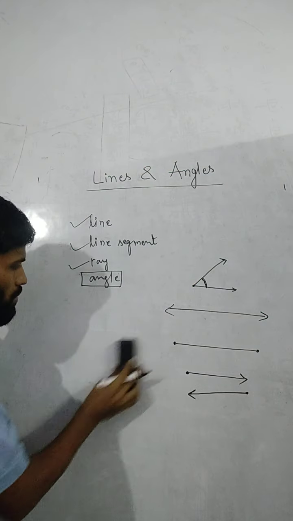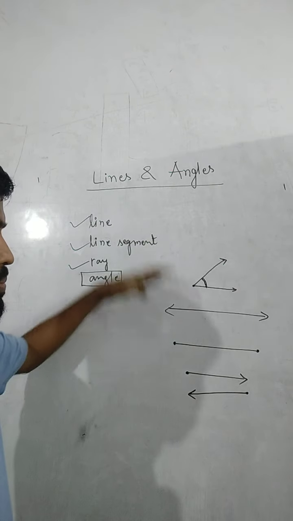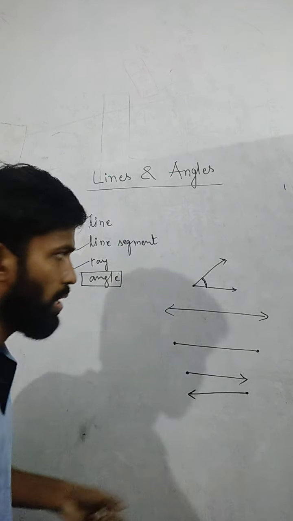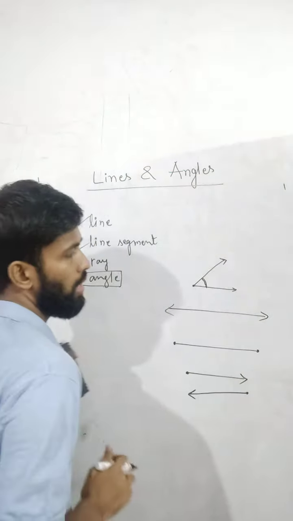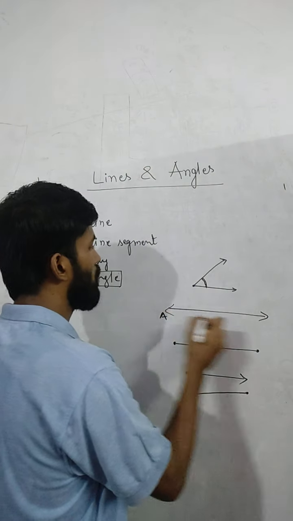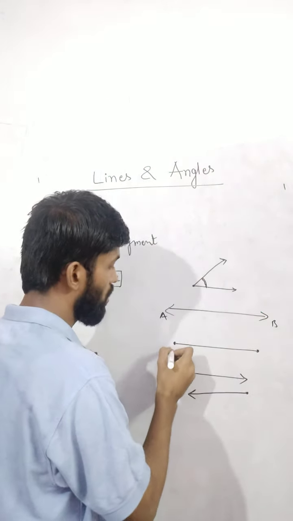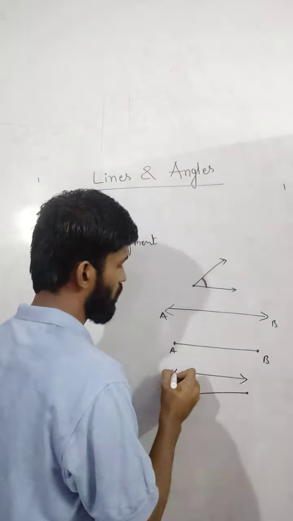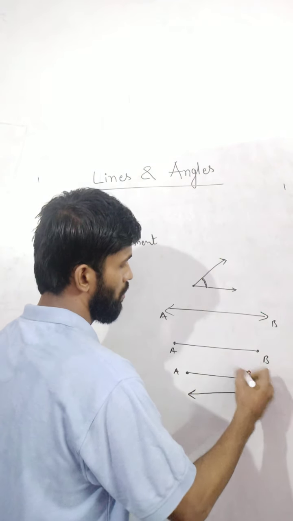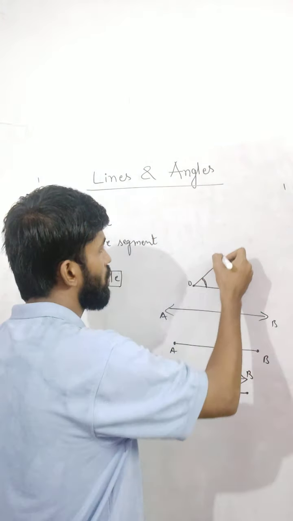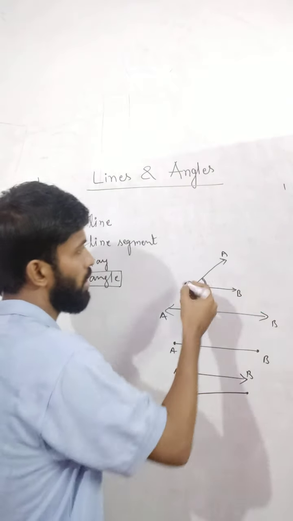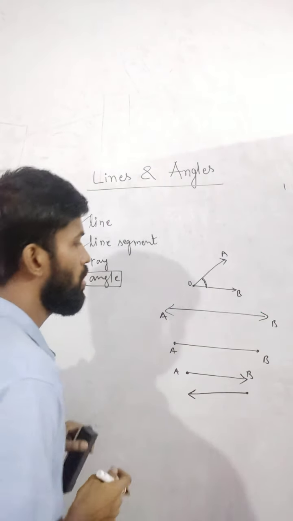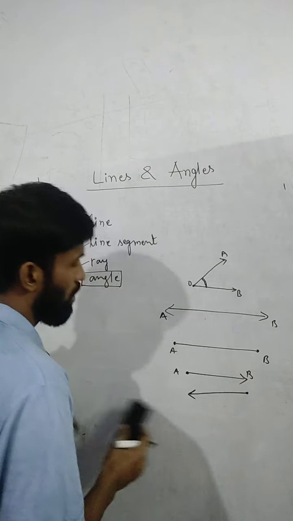And now, if I do not actually want to draw them, how would I represent them using alphabets? Suppose this end is A and this end is B, and this is ray OA, another one is ray OB. So how will we represent this?